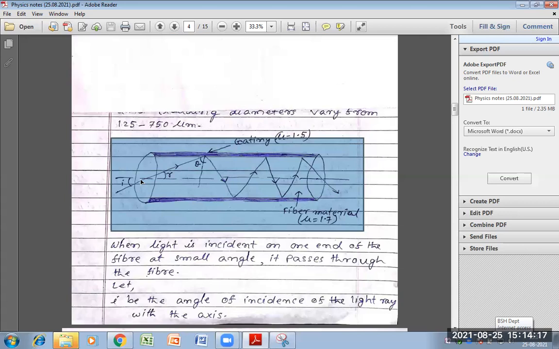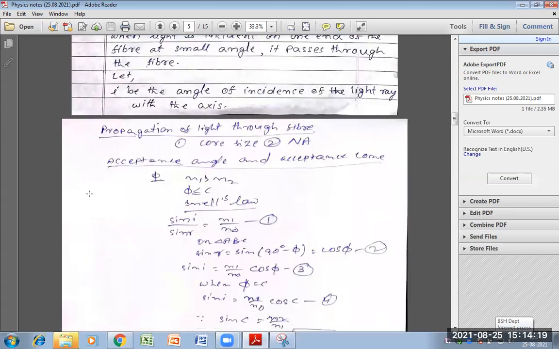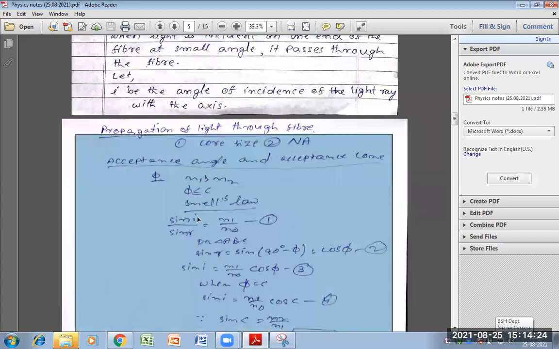This is the launching end. So in that case, we can write sin I divided by sin R is equal to N1 by N0, because I have already told that Snell's law is applied to the launching phase of the fiber. So this equation 1 can be written here.